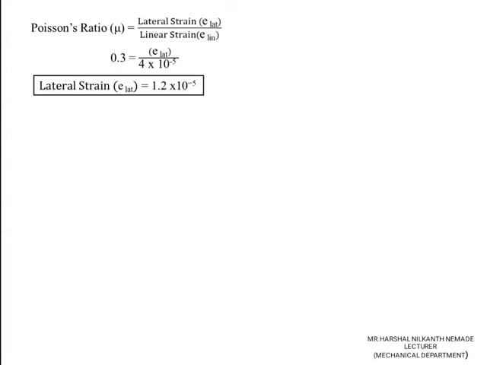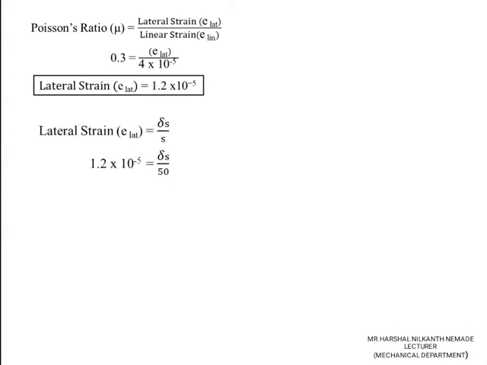Next, Poisson's ratio mu is equal to lateral strain E lat upon linear strain E lin. So mu is given as 0.3, E lat I have to find out, and linear strain E lin I have calculated as 4 multiplied by 10 raised to minus 5. I will substitute everything and get lateral strain E lat equal to 1.2 multiplied by 10 raised to minus 5.